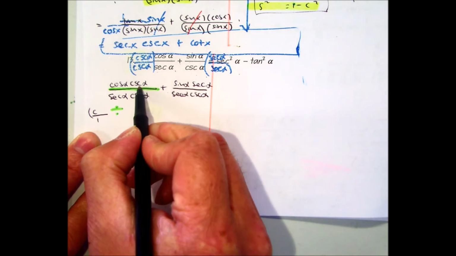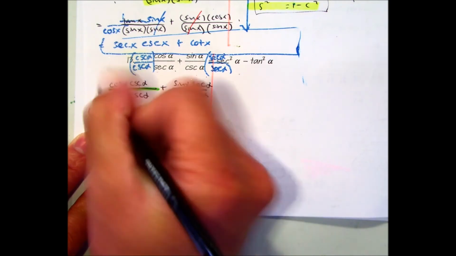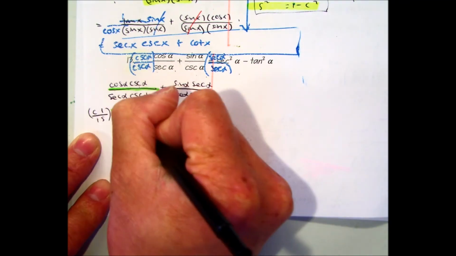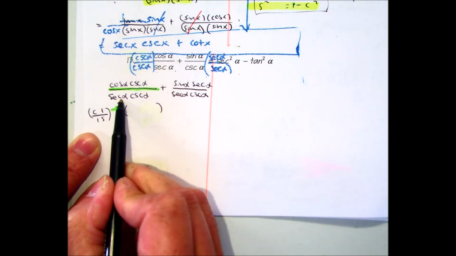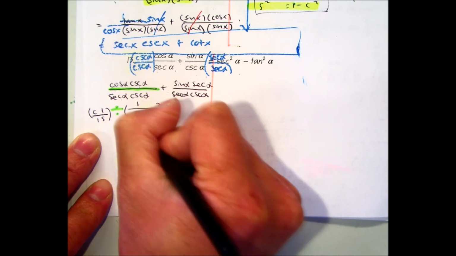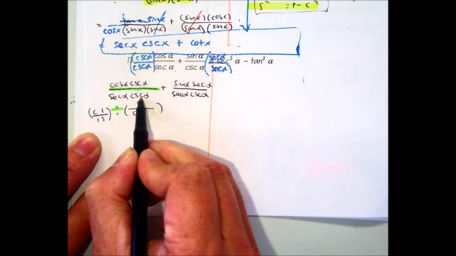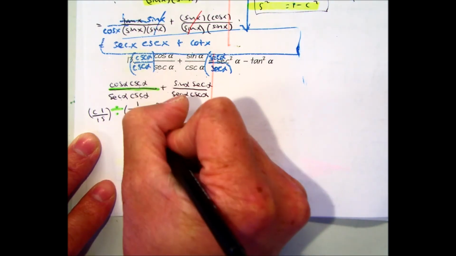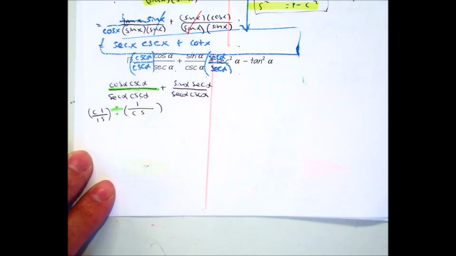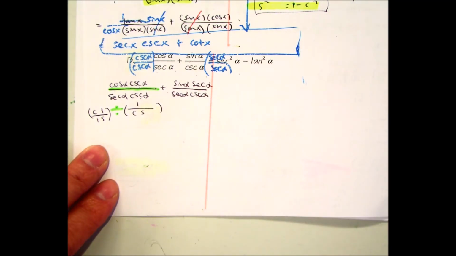And cosecant is what? 1 over sine. Secant is what? 1 over cosine. And cosecant is 1 over sine. And that's why I put the sine there. You guys see that? We're going to keep the plus sign.